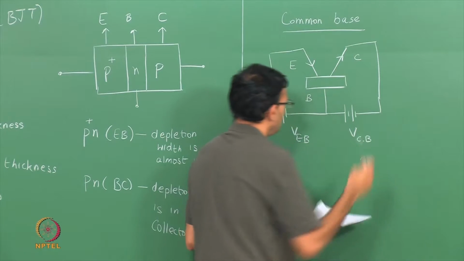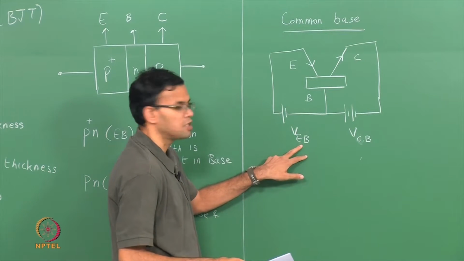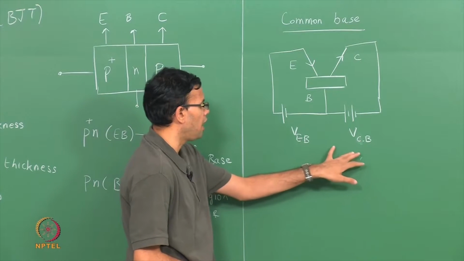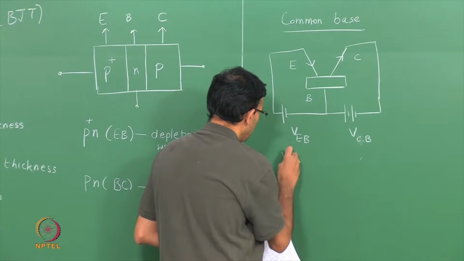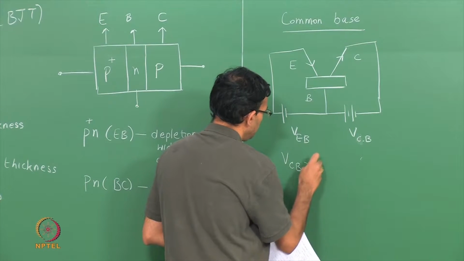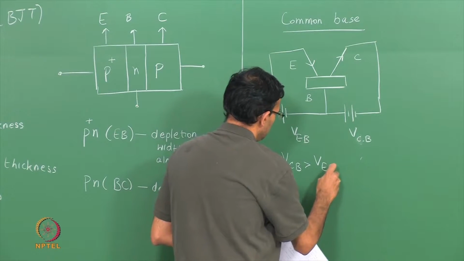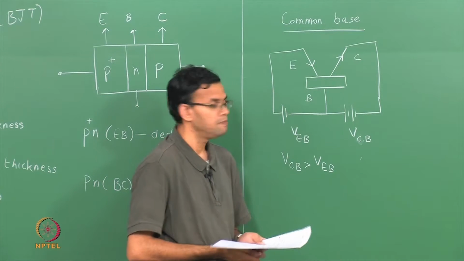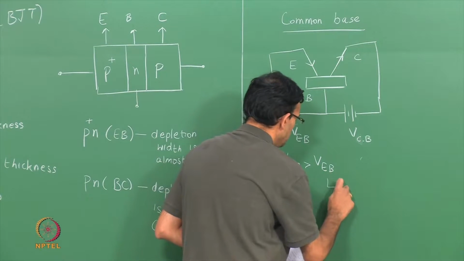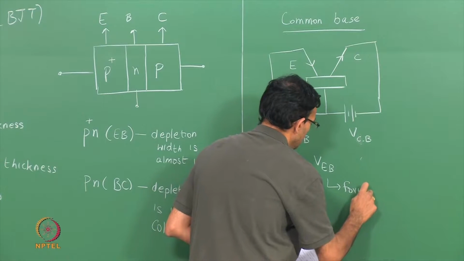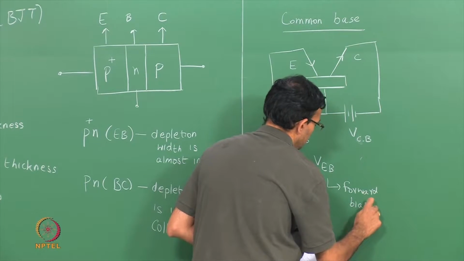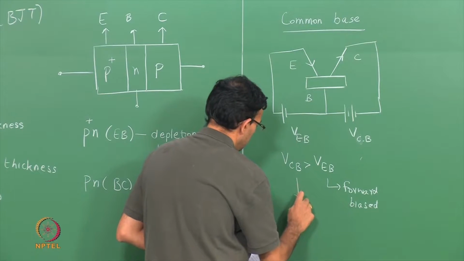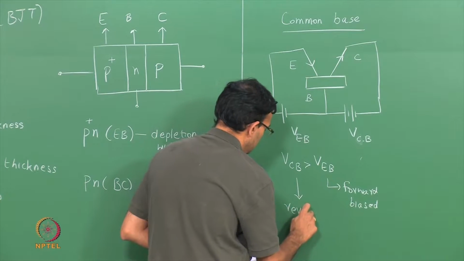This is C. So this is the emitter base junction that is forward biased, and then you have the collector base junction. In this particular example, VCB is greater than VEB. Let me write down, this is forward biased, and this is reverse biased.